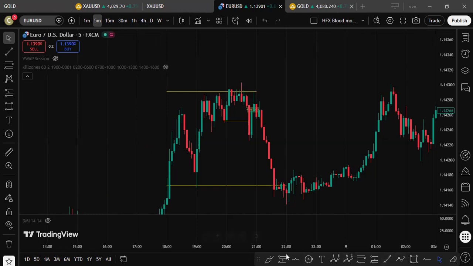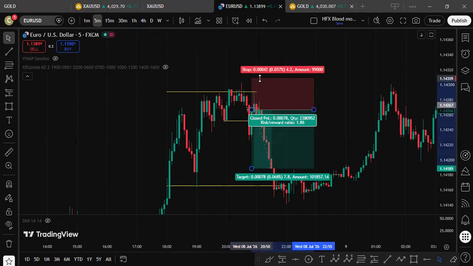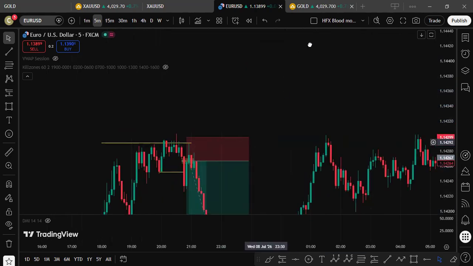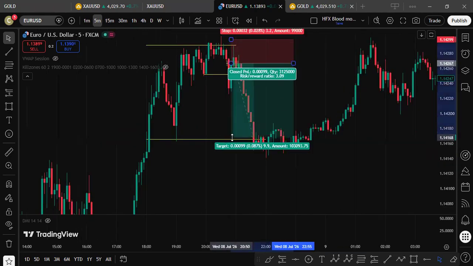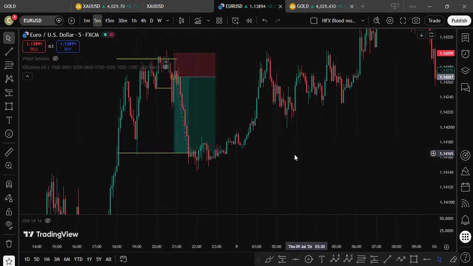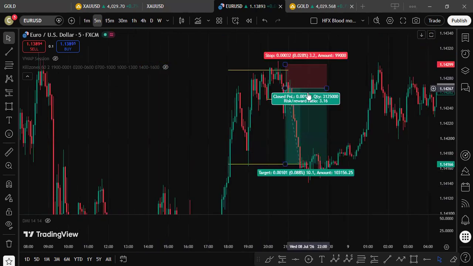So you sell at this very point, have your SL just above these highs, then target the low of that very candle. Boom. Looking at it, this is a bullish market, but due to that, it was a former resistance on the 1 hour time frame. We were able to sell.